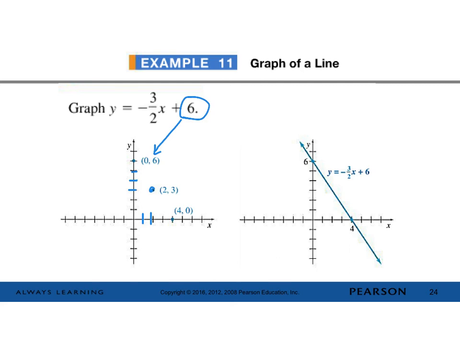If I were to go from there and go down again 1, 2, 3, and then right 1, 2, I would also have the point 4, 0. And having all 3 of these points makes it much easier to take a straight edge and draw your line, which gives us this line over here.